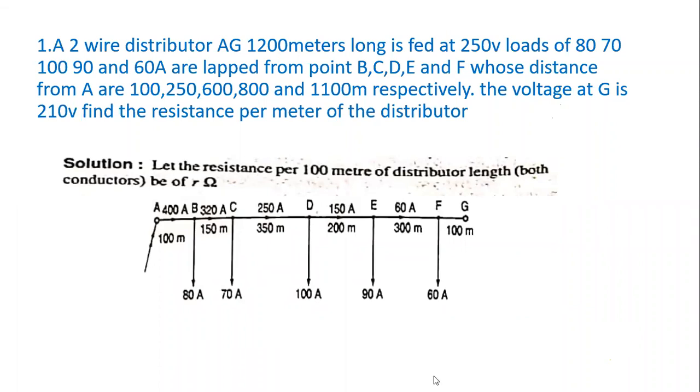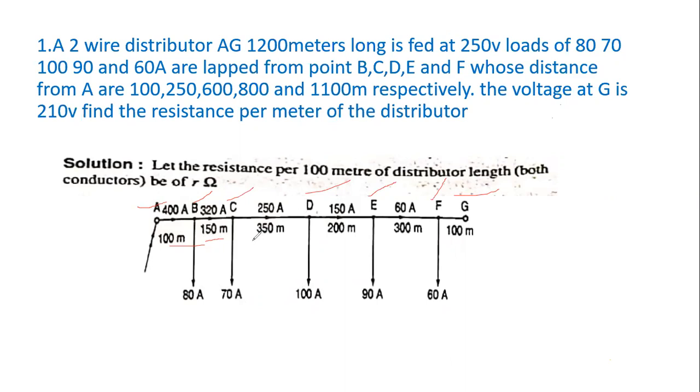What is the name of that distributor? That is A and G. What are the loading points? The loading points are B, C, D, E and F, whose distances are 100 meters, then 250 minus 100, that is 150 meters.